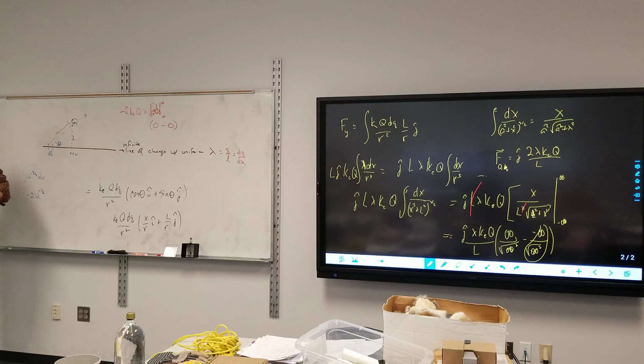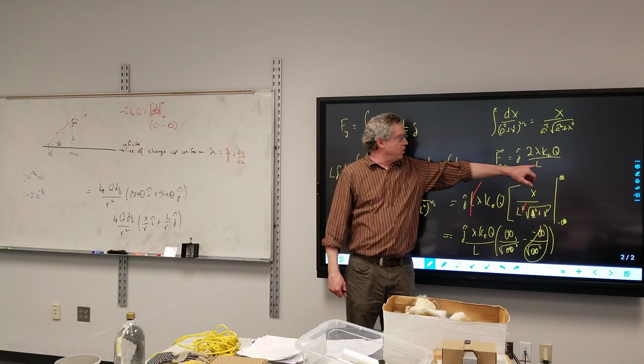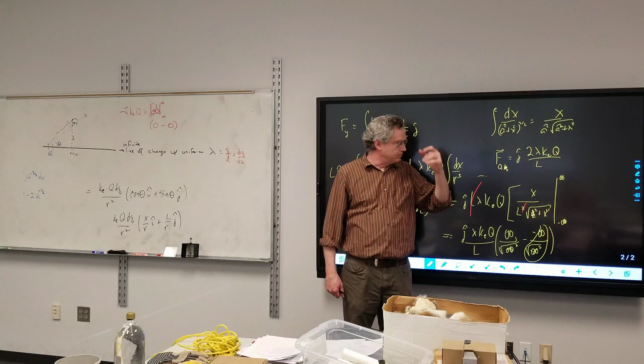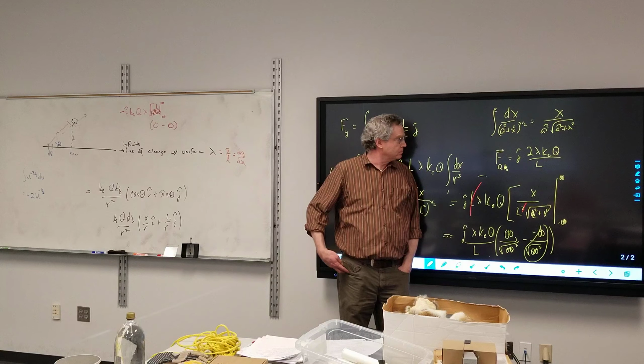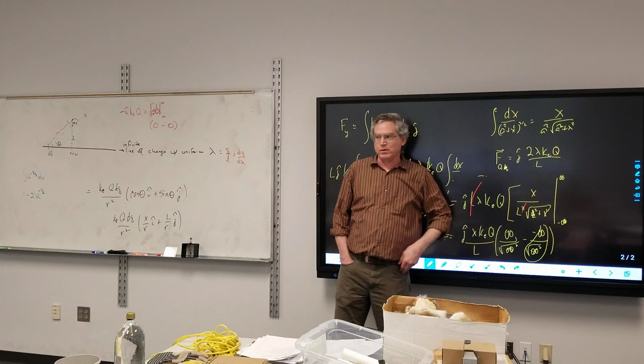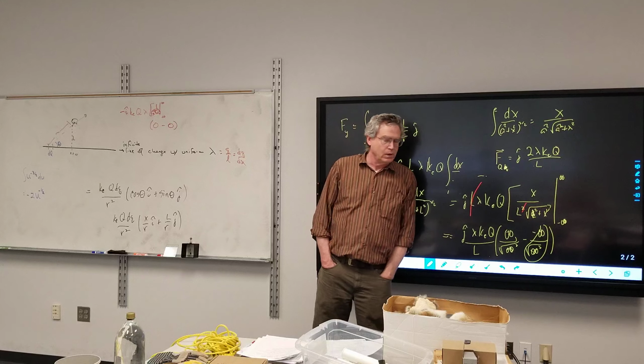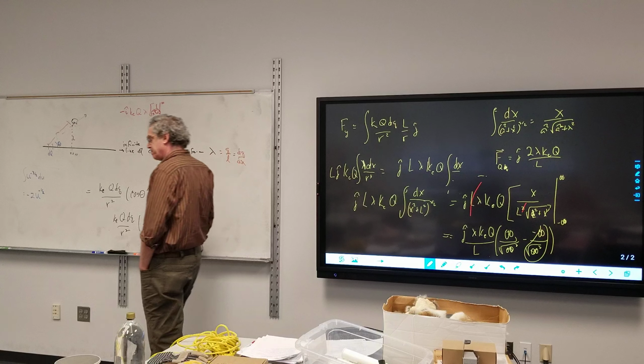I know that the closer charges are together, the stronger the force, and so as L gets smaller, the force gets bigger. That checks. As lambda or Q get bigger, the force should increase. So this all seems to make some sense. Questions to here?